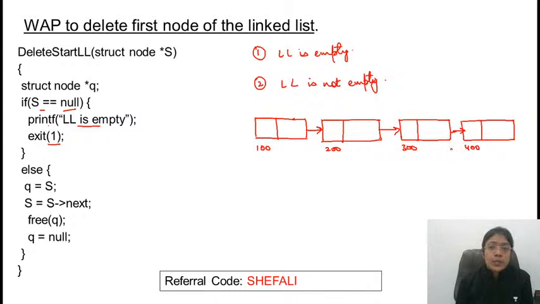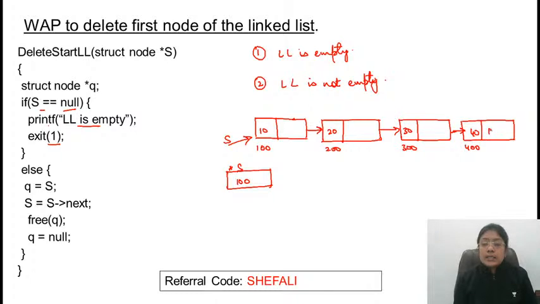There is no reason behind this, you can consider any addresses, and S is pointing to the first node. That is, pointer variable S is holding the value 100. It's a pointer variable which is holding the address. Now let's assume that the data is 10, 20, 30, 40. This is the last node of the linked list, pointing to null, and the nodes point to locations 200, 300 and 400. If I want to delete the first node of the linked list, simply I want to delete this node.